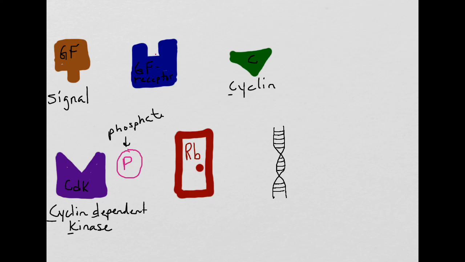Okay, so RB is a protein that will allow replication to occur.